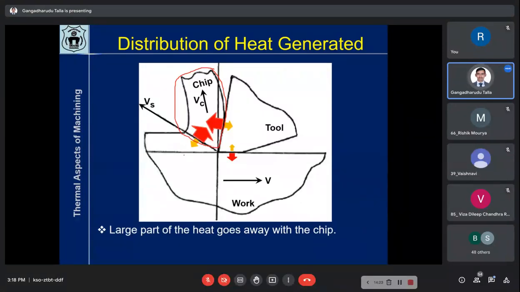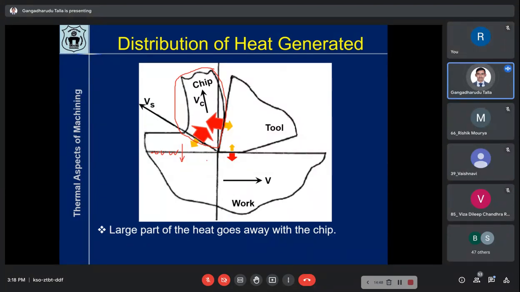But if the majority of the heat is going into the workpiece and its properties are changing due to temperature, then there is a problem. We don't want the properties of the workpiece to be altered. So if it is going into the chip, there is no issue. That is an advantage.